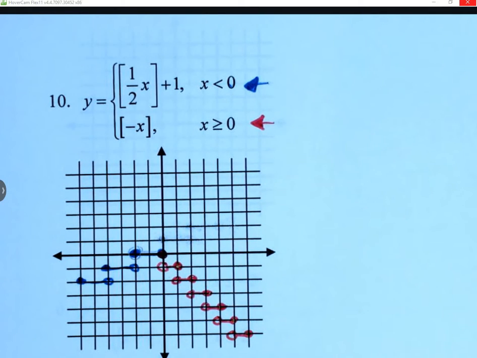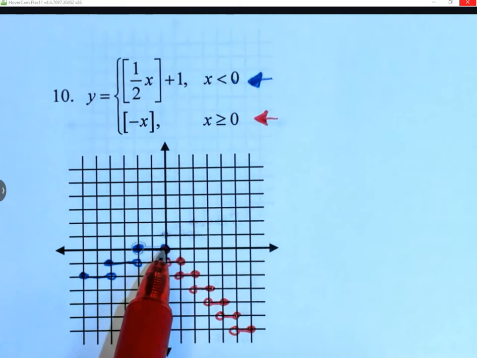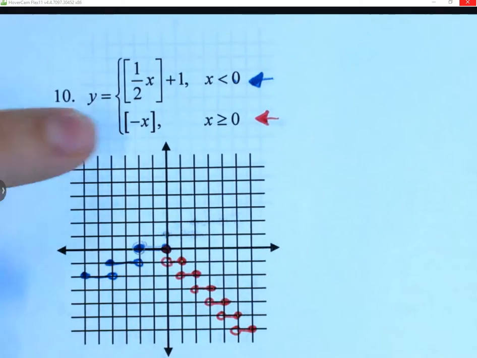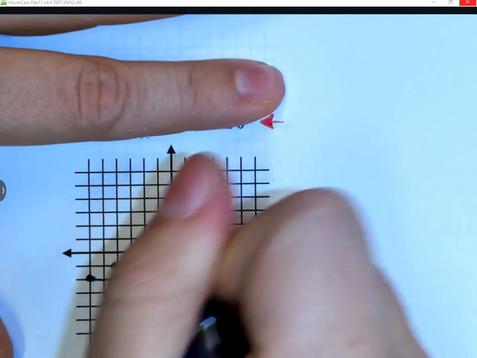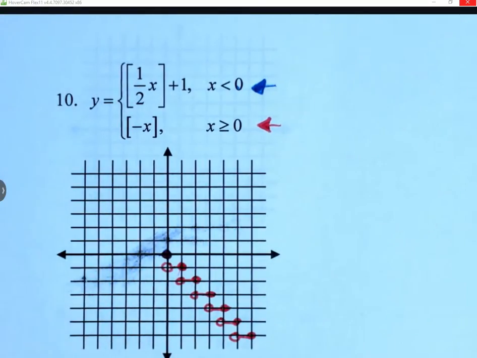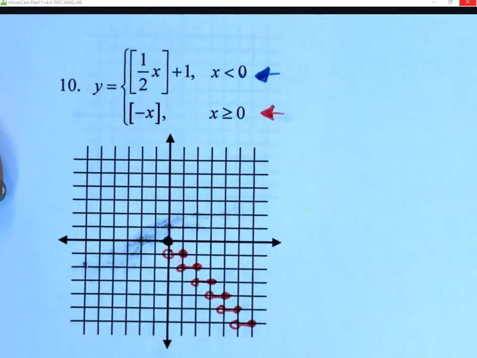Yes, sir. Uh-huh. It is, but the red one fills it in. Because if I were to, let's make this blue one disappear for a second. Just when I erased it.